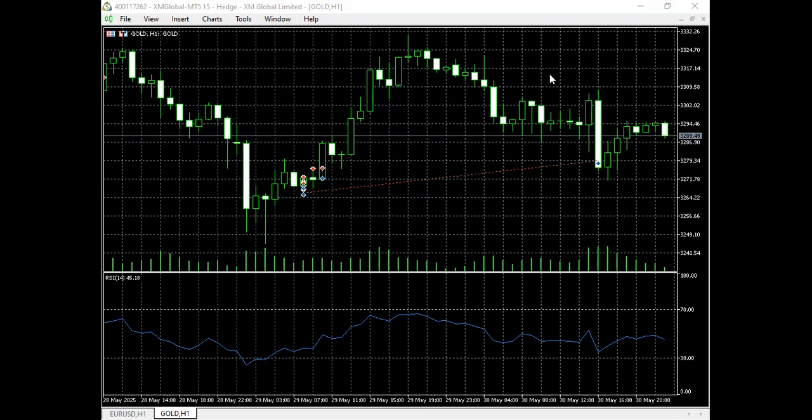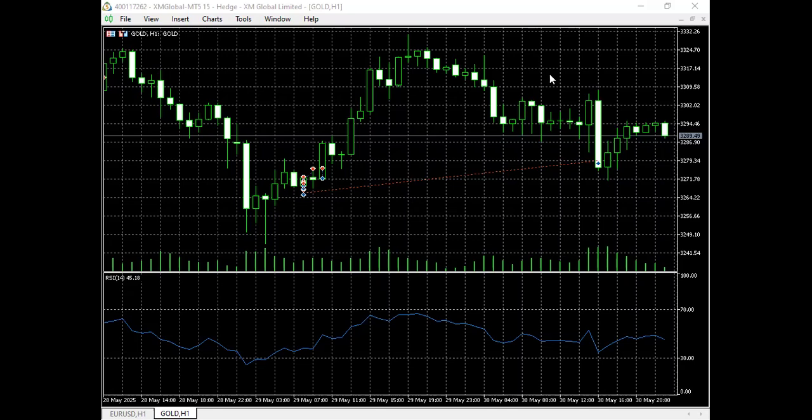This is MetaTrader 5, the XM Forex trade. There's a quick strategy that we can use to detect whether we should do a buy or a sell.